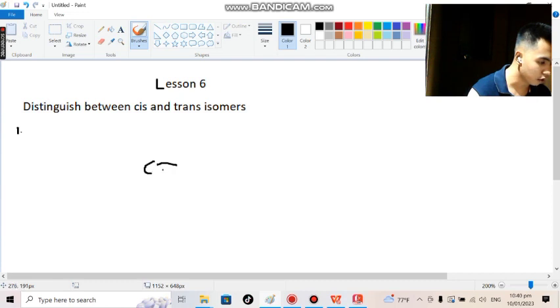Suppose that we have an ethane here, and then we have a hydrogen here, and then we are going to put bromine here.